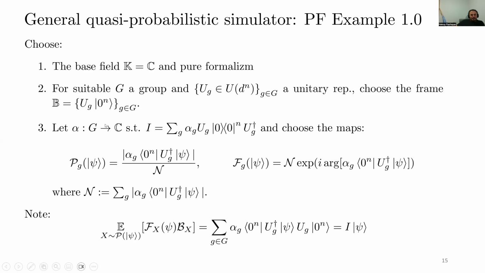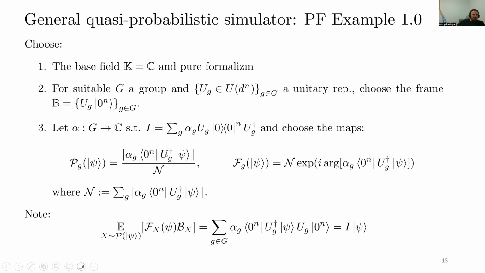But you can choose these things such that the outer product of this frame element summed up gives you the identity. And if this is satisfied, then you can define your P function and your F function exactly like this.